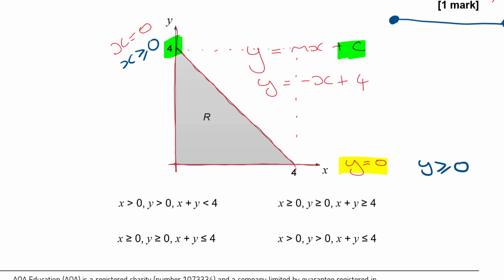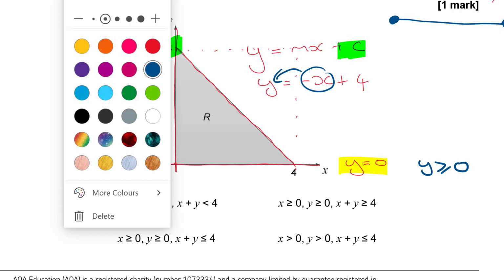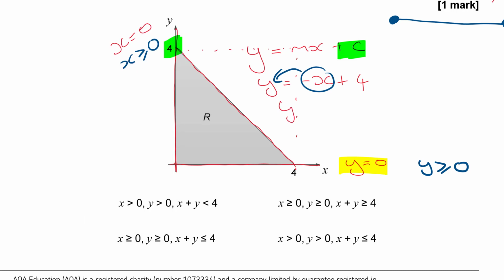And then finally, let's take this slant line, y is equal to minus x plus 4. Now you'll notice that each of these have been written with this value of minus x written on the other side. So adding x to both sides, you're going to get y plus x is equal to 4. So which way around does the inequality need to go?